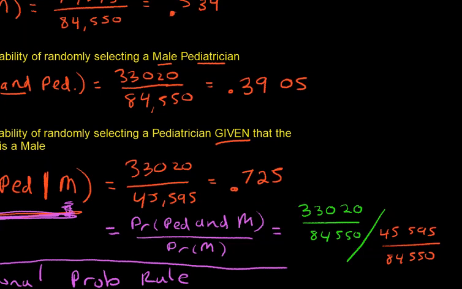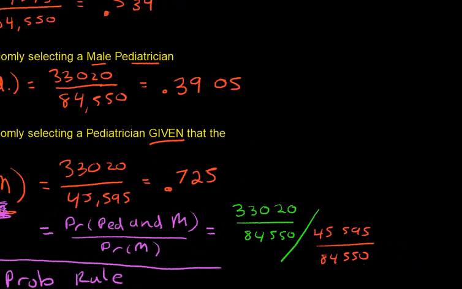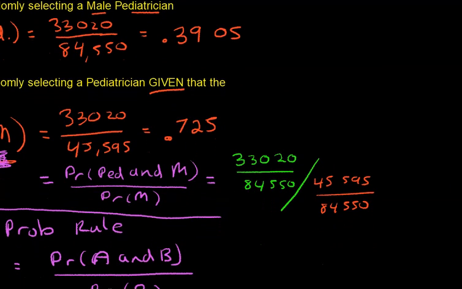Now, if you remember how to deal with fractions on top of fractions, what you do is you multiply the numerator by the reciprocal of the denominator. Okay, so let me go ahead and do that. So this would be 33,020 divided by 84,550. Okay, and then multiply that by the reciprocal of this number here.